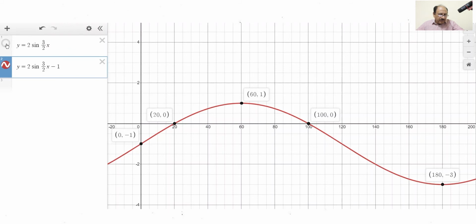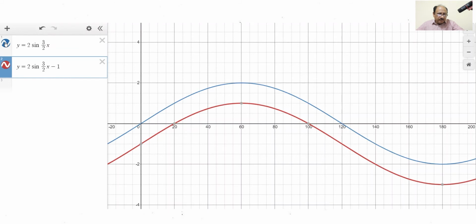And if we remove this minus 1, this will be moving up. You can understand by transformation also that if we have minus 1 over here, it will be moving the curve upward, like 1 unit up. So this is how you can check.